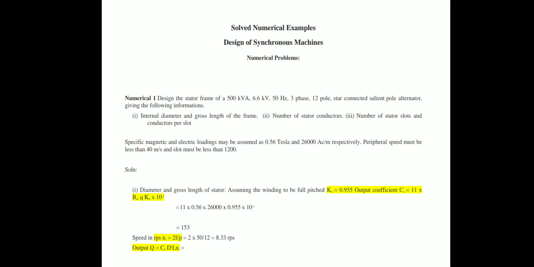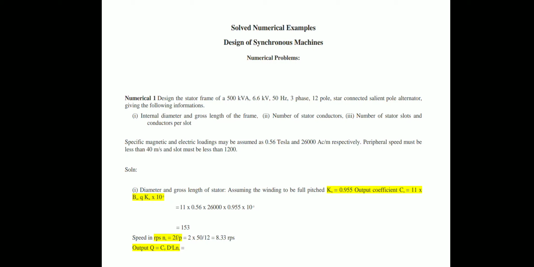By reading the question 2 or 3 times, you will be very clear about what you are actually supposed to do. You can write the given information from the statement of the numerical, as I have written on the screen.